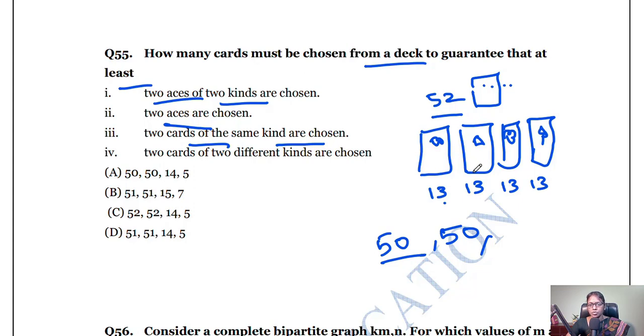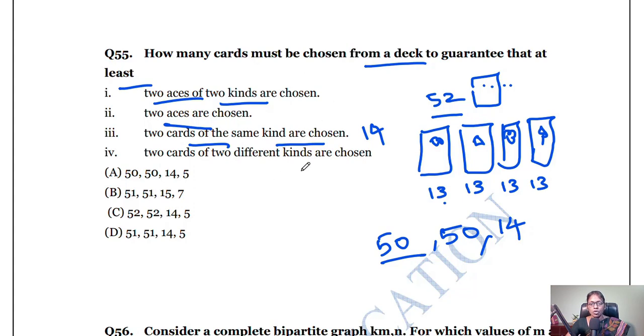At that time it will match one of the above cards. So if I take 14 cards, surely you can see 2 cards of the same kind will be chosen.